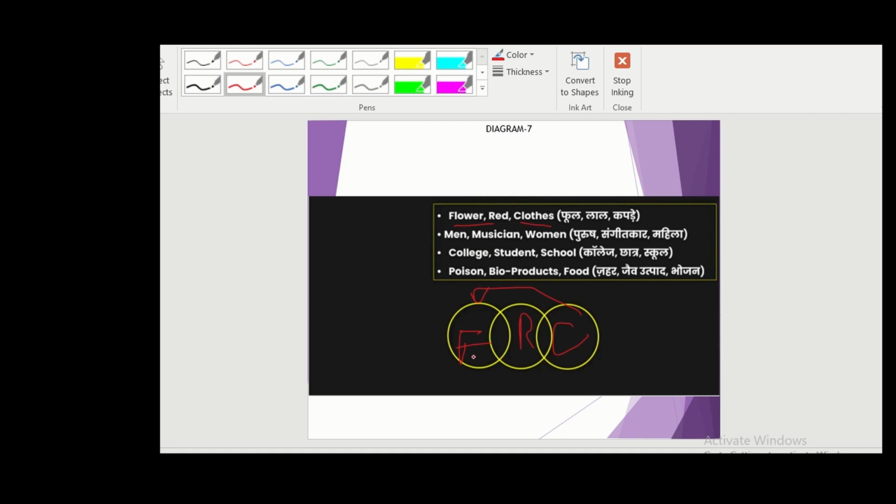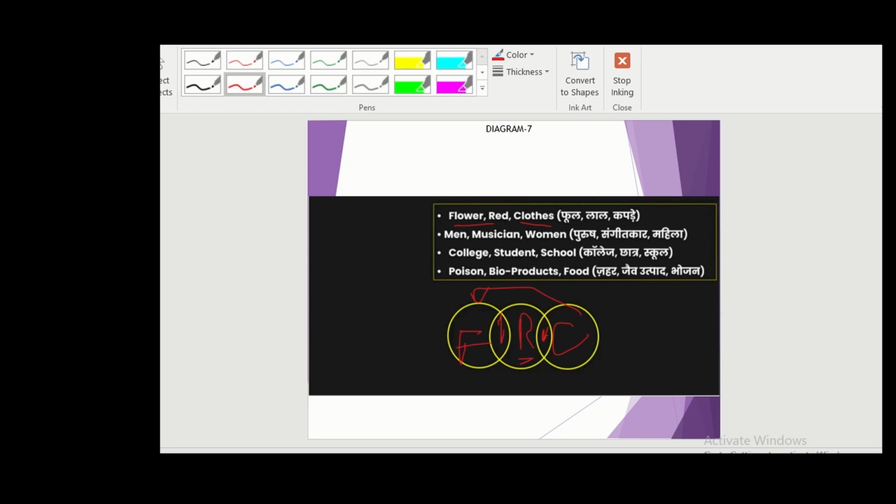That's why they cannot be touching each other. But a few flowers can be red, and in the same way a few cloths can be red. And there is red that is not flower or cloth. Other things can be red, like our hair can also be red. So they represent this part.